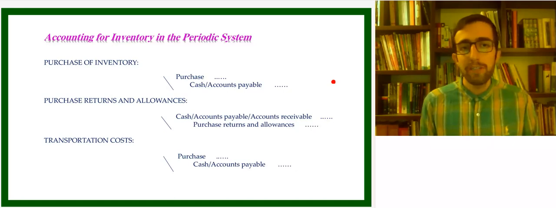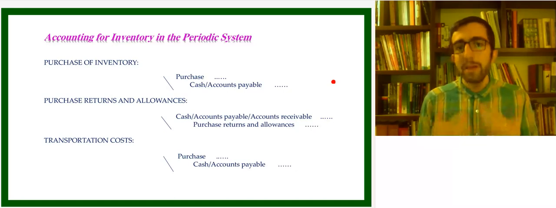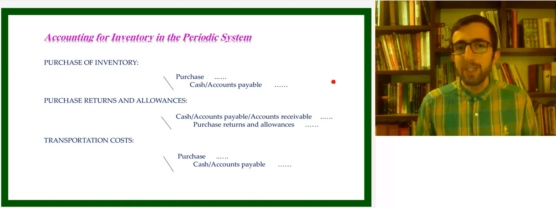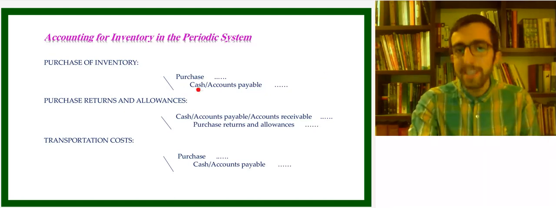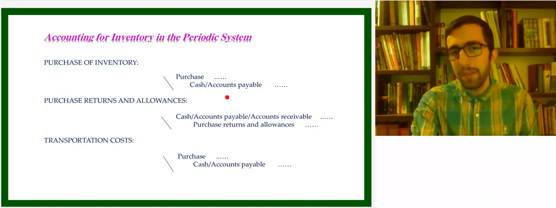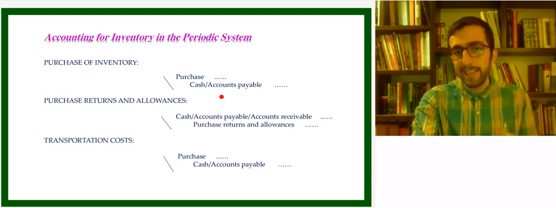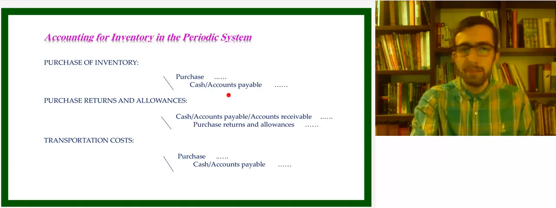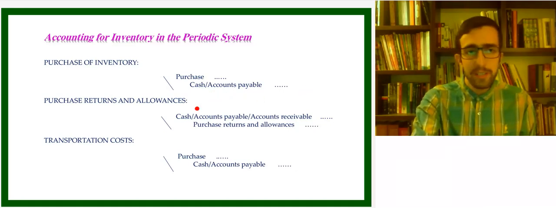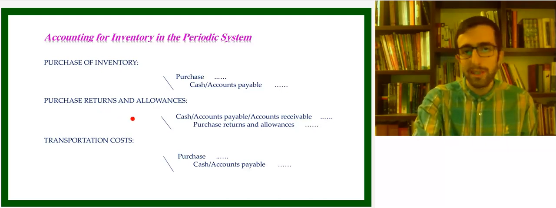So if we purchase inventory in the periodic system, we have purchase on the debit side, as you can see here, and cash or accounts payable on the credit side. If we paid exactly at that moment, we have cash, but if we pay after that, we have accounts payable. Another entry is purchase returns and allowances.